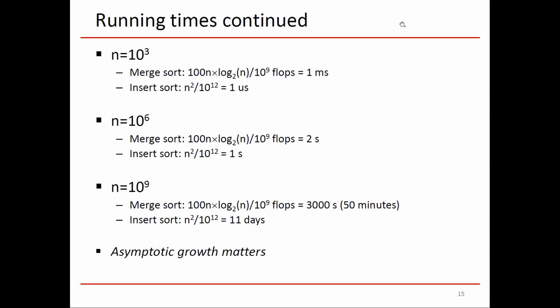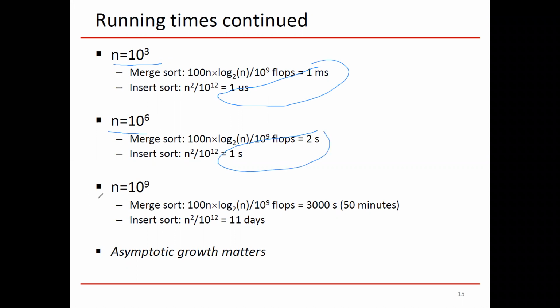So take a look at where we are now. We started with a smaller sized problem, where the insert sort was way faster. For a medium-sized problem, size 1 million, comparable. But now let's move to a large-sized problem. The merge sort, 100 n log n.